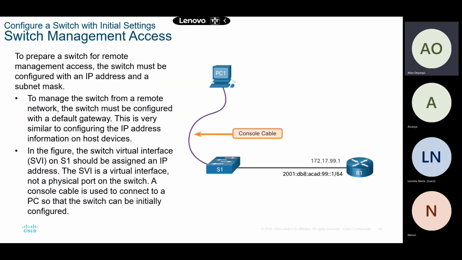So we had talked about, of course, the switch management access. And for switch management access, we did talk about the console port and the console cable here. And we said that the switch comes with one VLAN port, and we were able to see that it is normally VLAN 1.